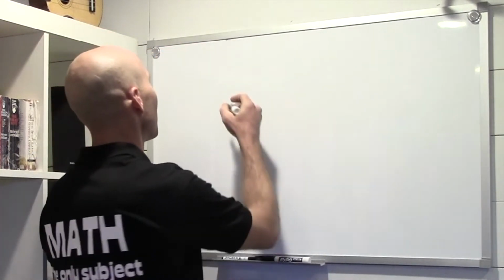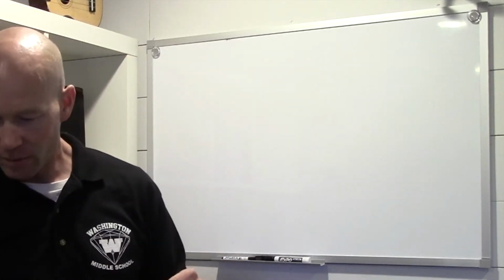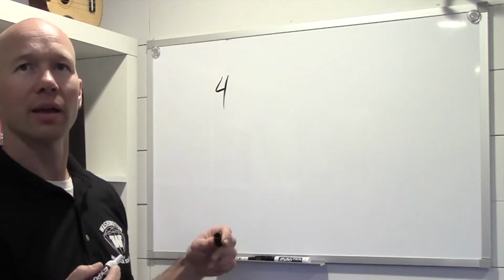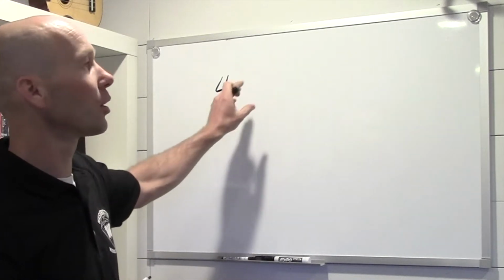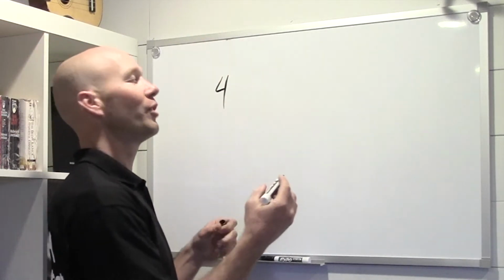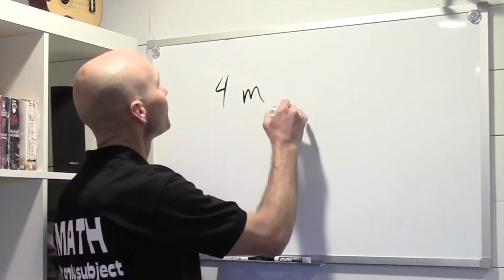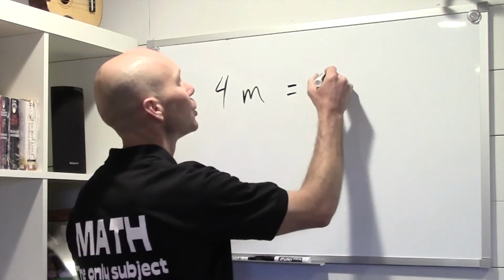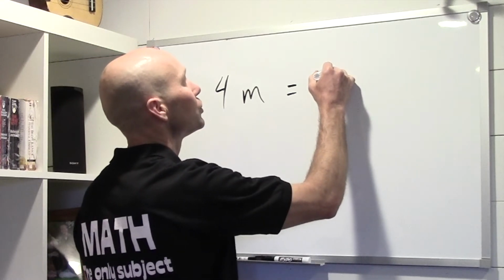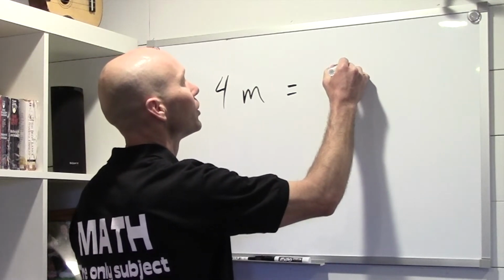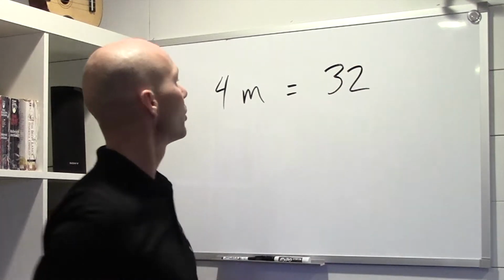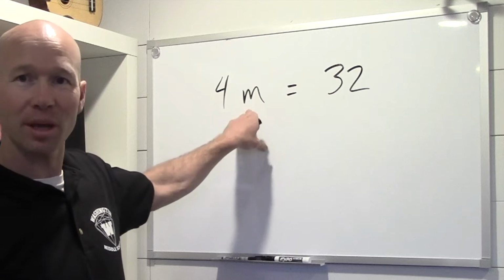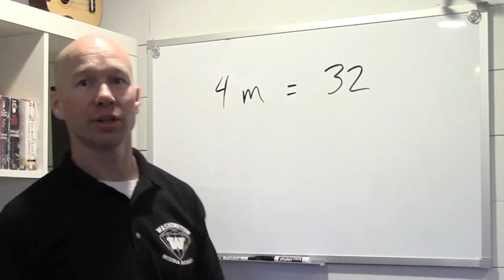We'll do another. Let's choose 4m. So we've got a coefficient of 4 and a variable of m. 4m equals 32. 4 times something, m, equals 32.